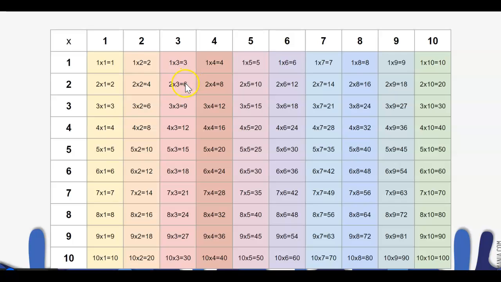And the product is actually a multiple of the numbers. And the numbers being multiplied inside are factors.